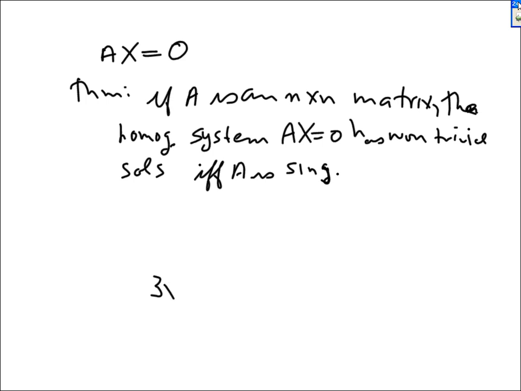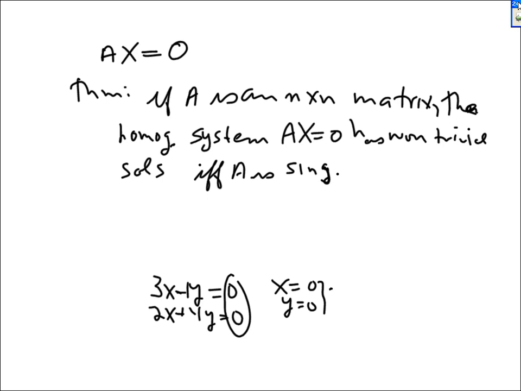Well, if you have 3x minus y equals 0 and 2x plus 4y equals 0, the key thing here is that it equals 0. Here, of course, x equals 0, y equals 0 is a solution. Because 3 times 0 is 0, minus 1 times 0 is 0, 0 minus 0 is 0.